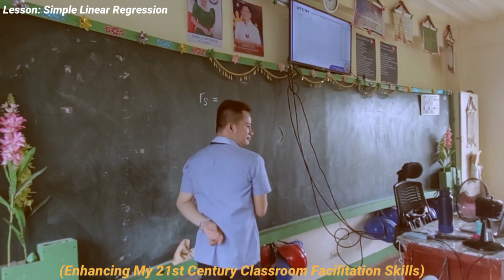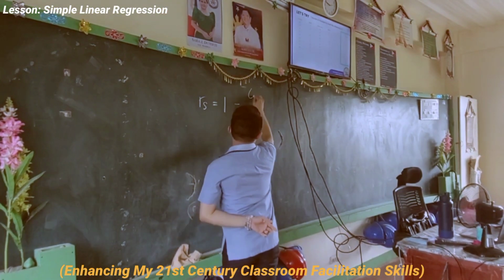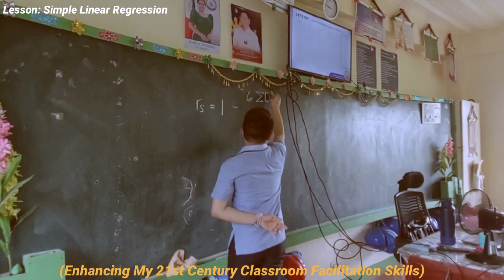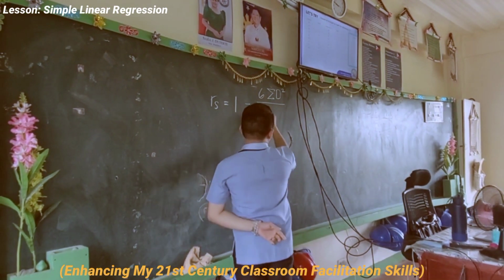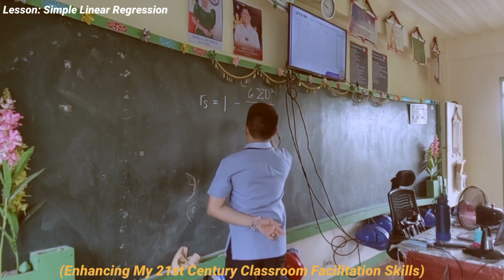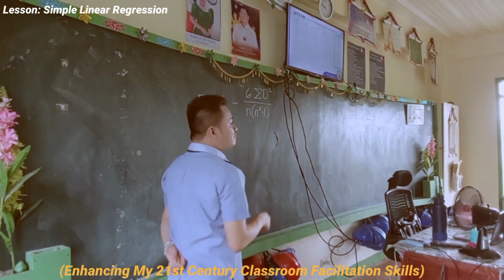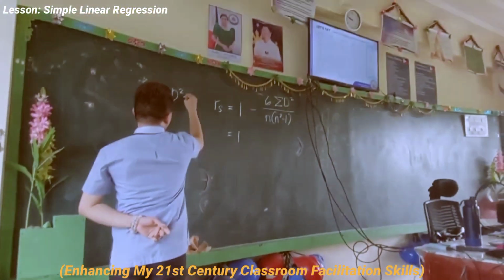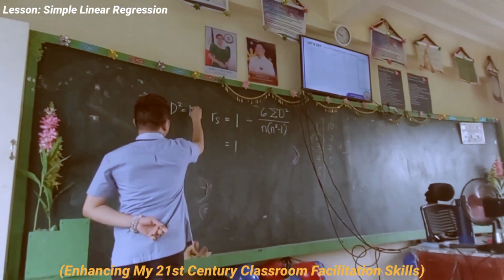r_s equals 1 minus 6 times the summation of d squared all over n times n squared minus 1. Okay. The given is our summation of d squared equal to 12.